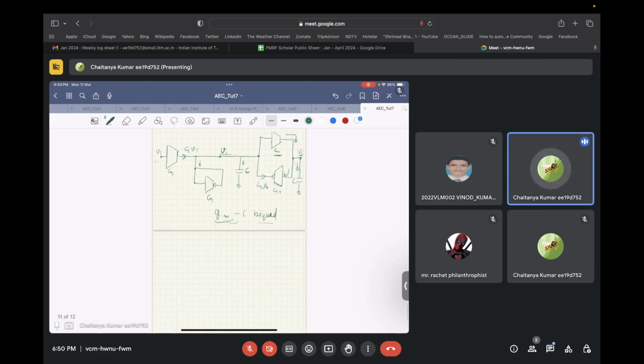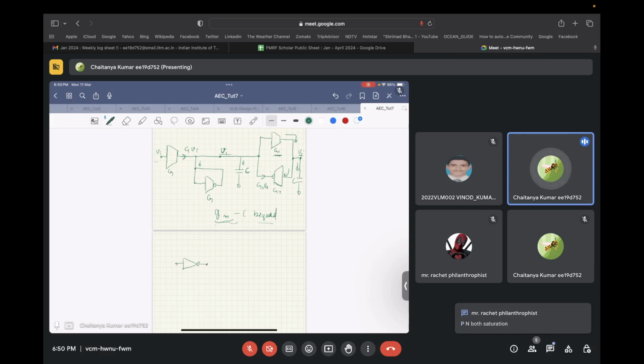So basically, what is the primary condition for an inverter to work as an amplifier? So let's say I have an inverter over here.